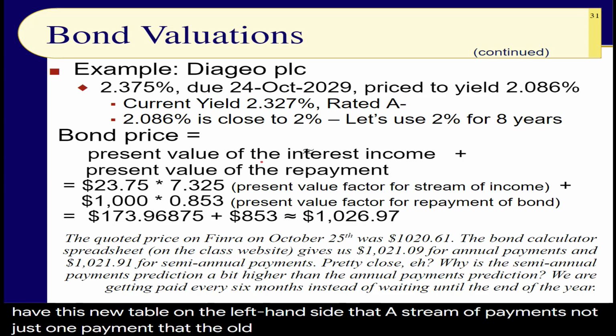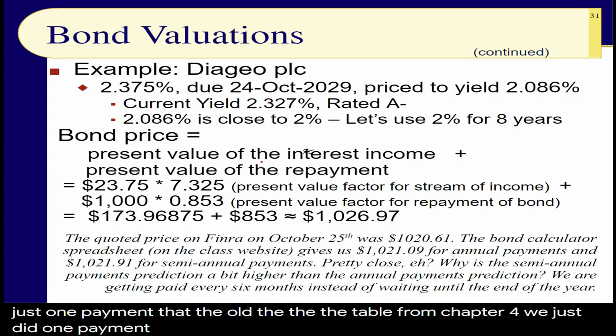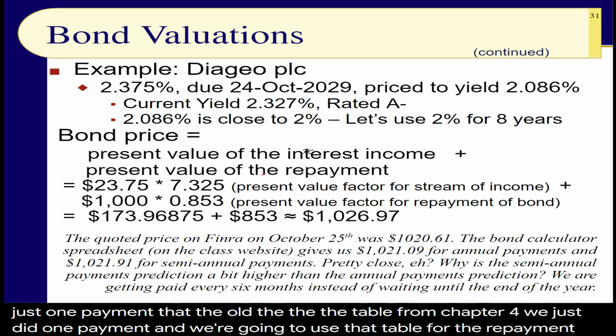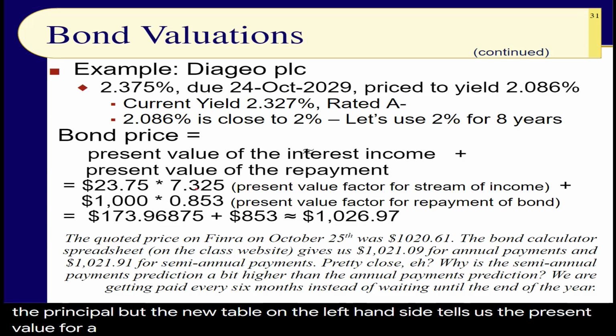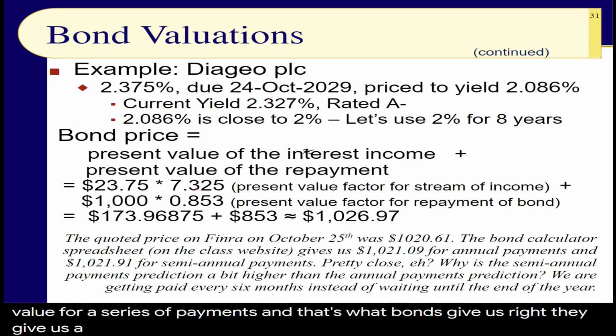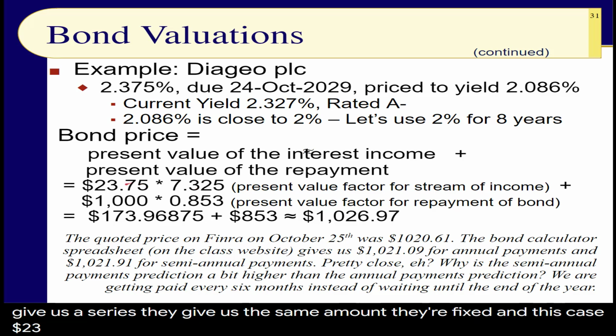The table from chapter 4, we just did one payment. And we're going to use that table for the repayment of the principal. But the new table on the left-hand side tells us the present value for a series of payments. And that's what bonds give us, right? They give us the same amount. They're fixed, in this case, $23.75.